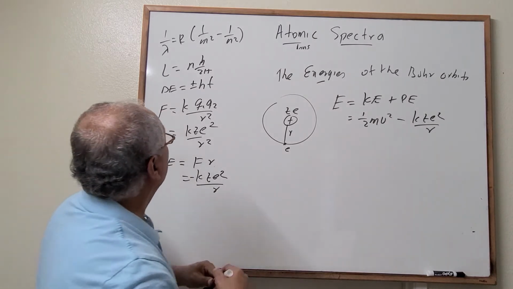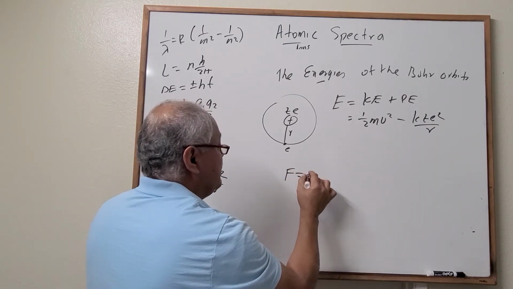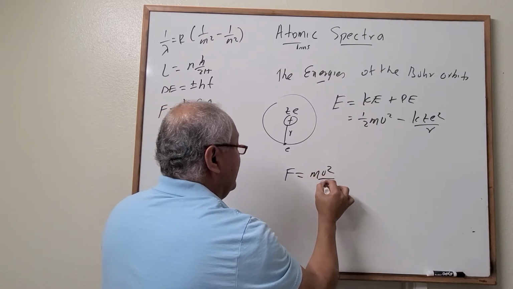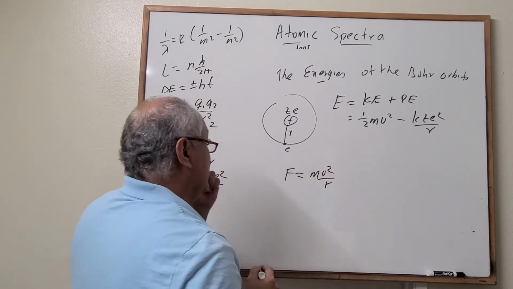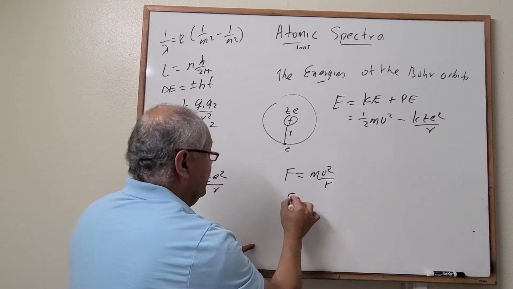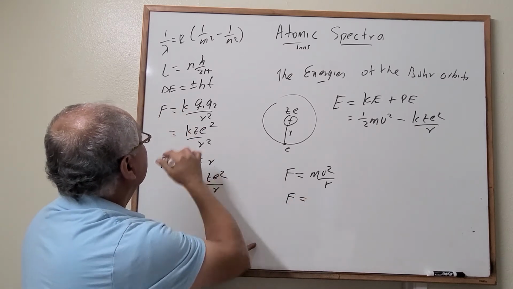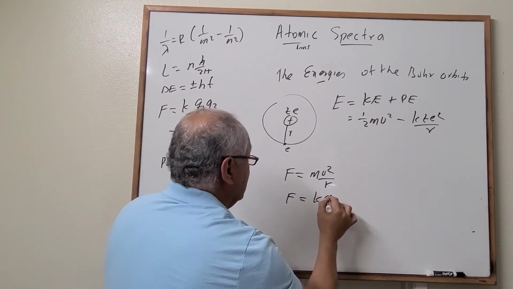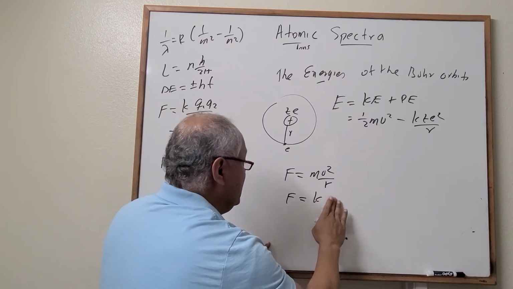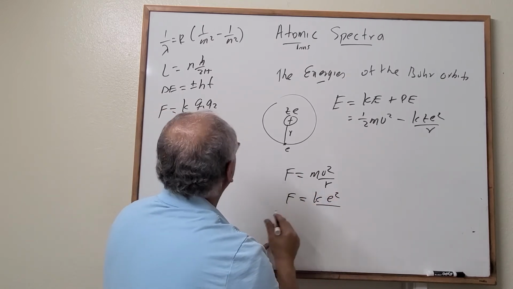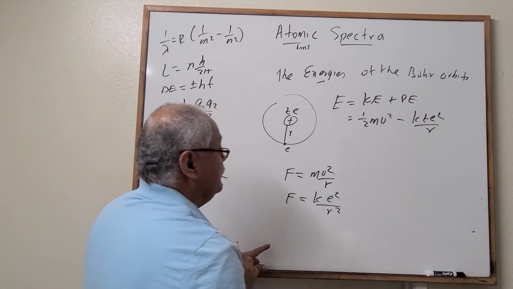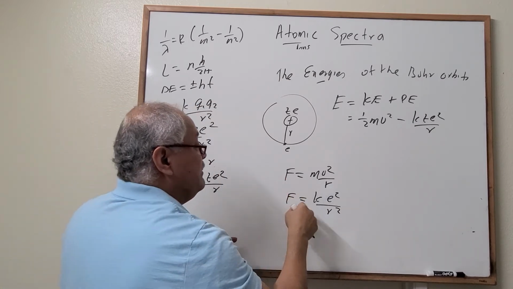Okay, perfect. So the centripetal force, remember, is equal to mv squared divided by R. And we found that it is equal to the electrostatic force, with e instead of Q, the charge squared divided by R squared. So these two must be the same.